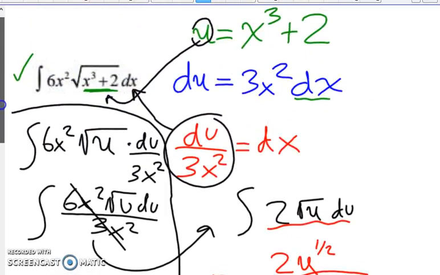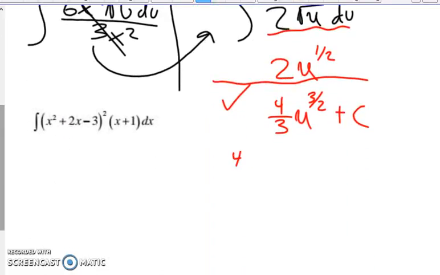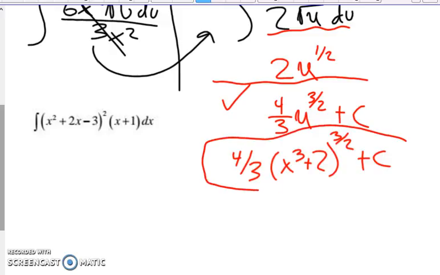So remember I called u x cubed plus 2. So now my antiderivative is 4/3 times (x cubed plus 2) to the 3/2 plus c. So there is my final answer.